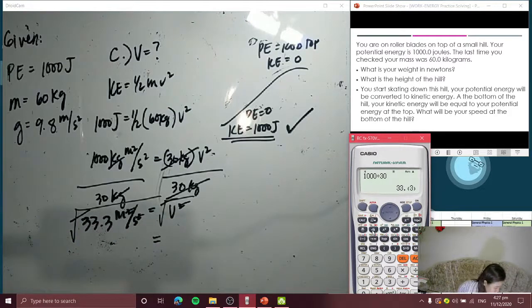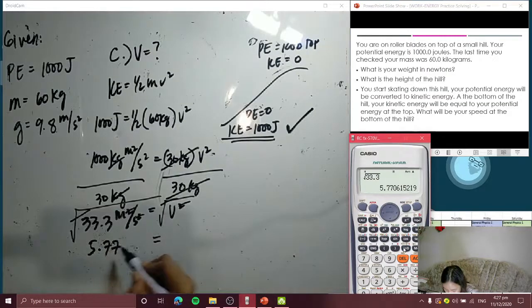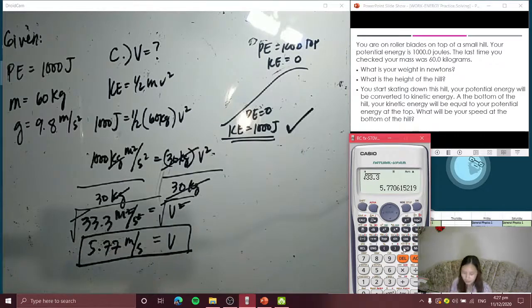Square root of 33.3 is equal to 5.77. 5.77 meters per second is the velocity as you go down the hill. So here it is. This is for our last unknown value.